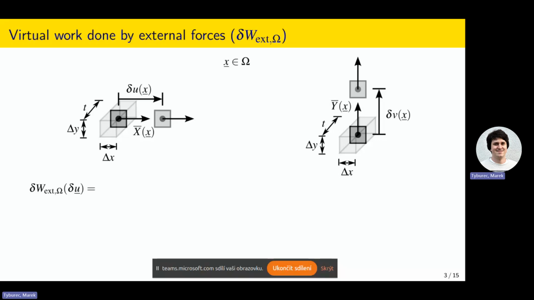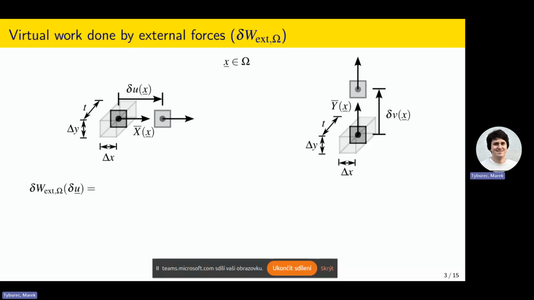This underline means it's a vector. This overline means it is prescribed. It has two components, X overline and Y overline, which of course depend on lowercase x, which is like the spatial coordinates in the domain.